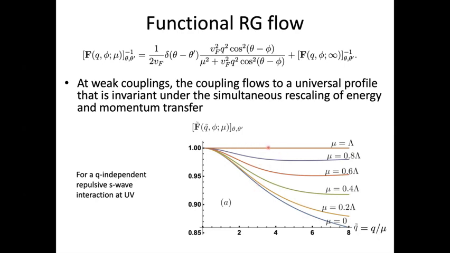In this example, we start with an S-wave interaction where the UV coupling is independent of momenta, and nonetheless, as energy is lowered, the coupling function acquires some non-trivial dependence on momentum. When we plot that as a function of rescaled momentum in the unit of the energy scale, it flows to this fixed profile. And this fixed coupling function is invariant under the simultaneous rescaling of momentum transfer and energy.